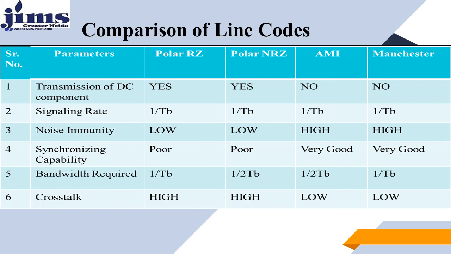So we have 4 types of coding here: polar RZ, polar NRZ, AMI and Manchester, and we have 6 parameters. On the basis of that, we compare these line codes, right? This is a very good picture to analyze the 4 different types of line codes.